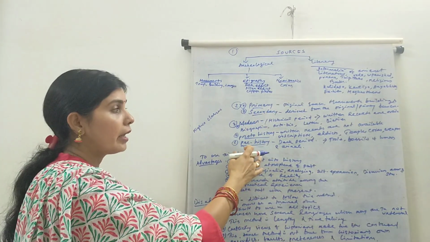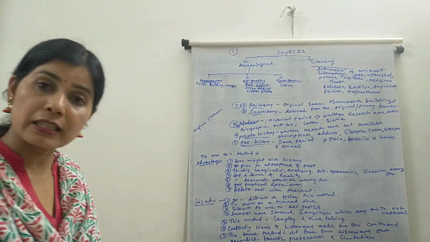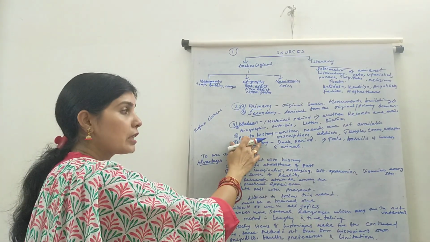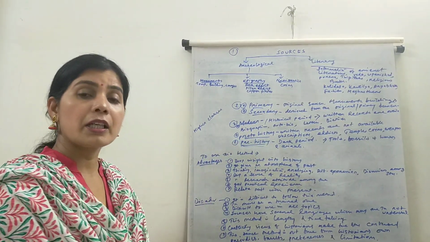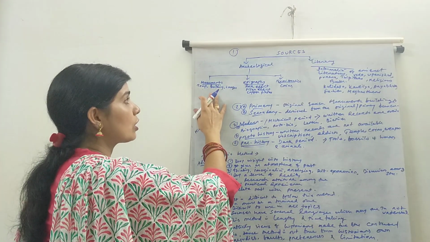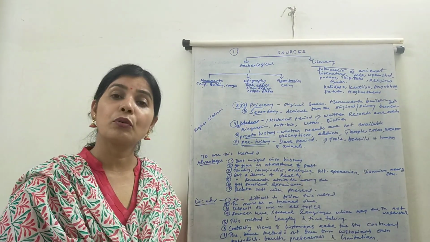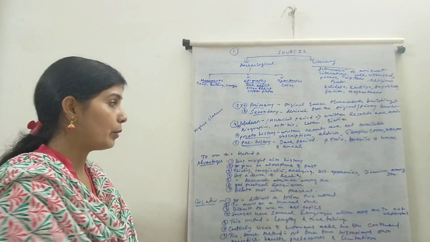Then again history is divided into three types. Modern period, where written records are available. Proto-history period, where even if there are no written records available, from the inscriptions, from the archaeology, from the monuments, we can have some information. We can go to our past and have information.